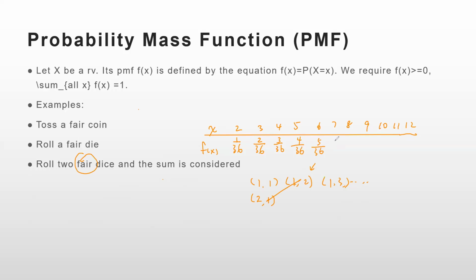Once you hit 7, you have 1, 6, and you have 6, 1. And then you have 2, 5, 5, 2, 3, 4, 4, 3. So totally 6 of them. Now, when you hit 8, the summation is 8, you don't have 1, 7.